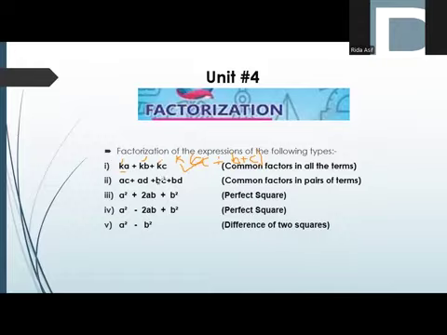In the same way, in these two terms, we can see that B is common, but A is not over here. So, in such kind of question where we can see common factors in pairs, we can select the pairing method, right? The second method is called the pairing method.